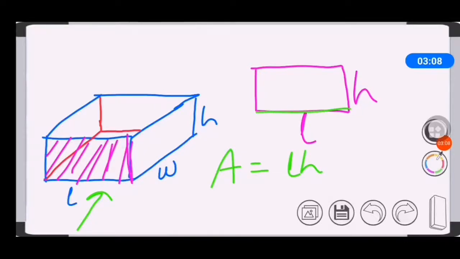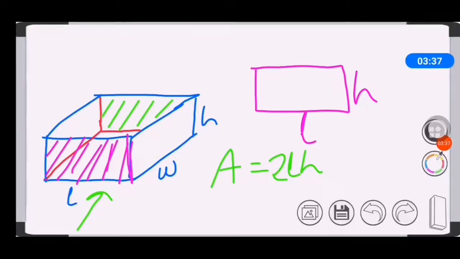We know a rectangle is the length times the width, but this time the width is called the height, because the shape that we have here has a length and a height. I hope that makes sense. We have the front side and the back side, so there are 2 of them, so we can multiply that by 2. Do we get that? Great.